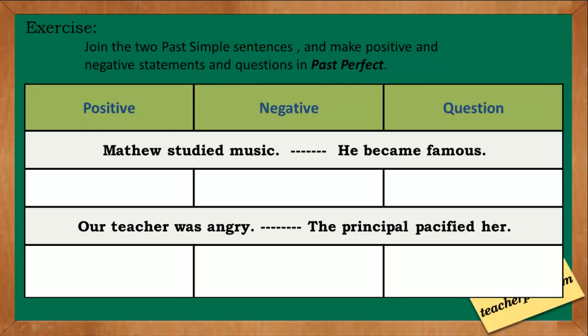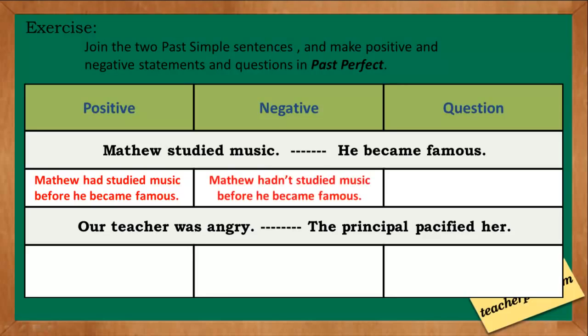The correct positive statement should be, Matthew had studied music before he became famous. The negative sentence is, Matthew hadn't studied music before he became famous. And the question is, had Matthew studied music before he became famous?